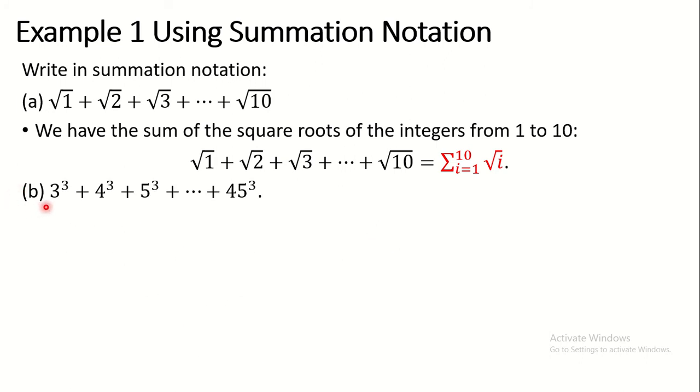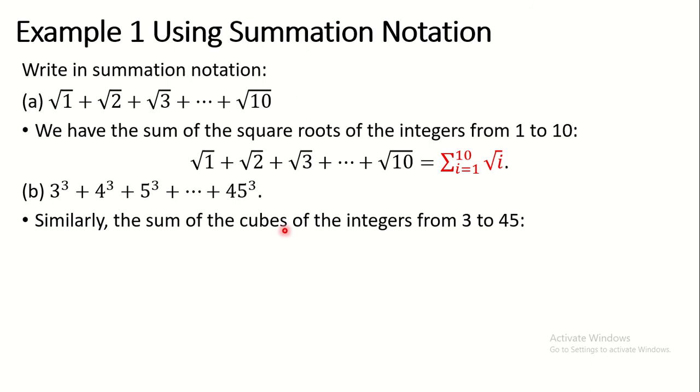For letter B, we have 3 cubed plus 4 cubed plus 5 cubed plus up to 45 cubed. So as you can see, we started at 3 and then we ended up with 45. And these are the cubes of positive integers from 3 up to 45.